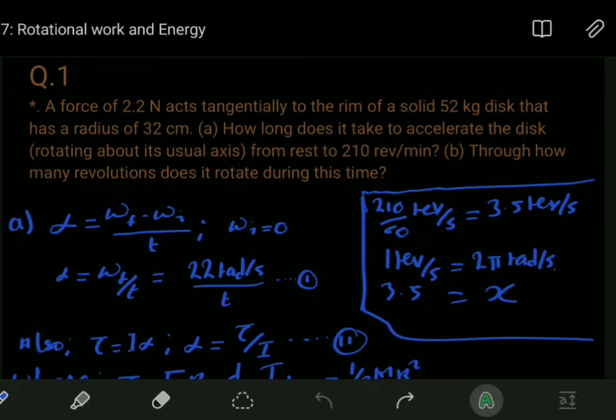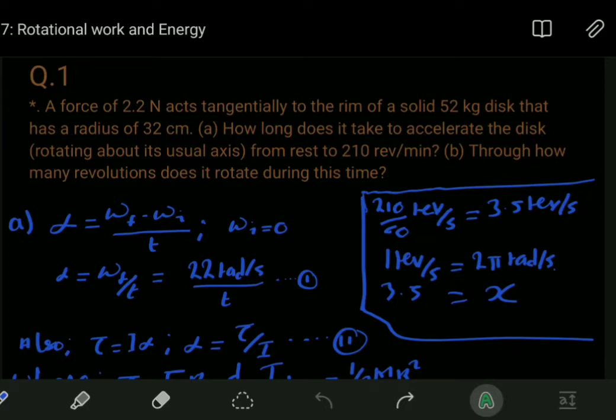So angular acceleration, we know it's given as alpha equals final angular speed minus initial angular speed over the time. Simply the change in the speed over the given time interval.